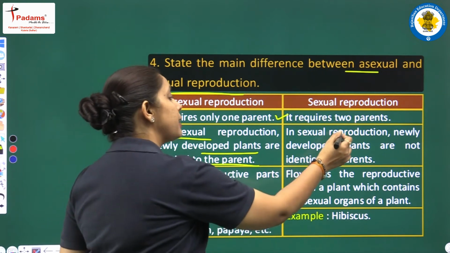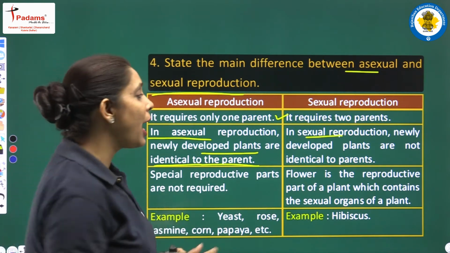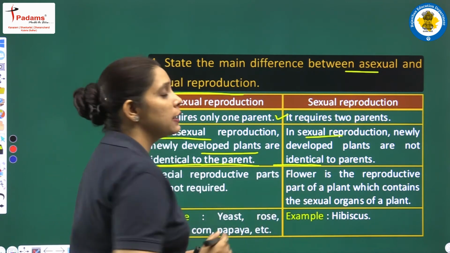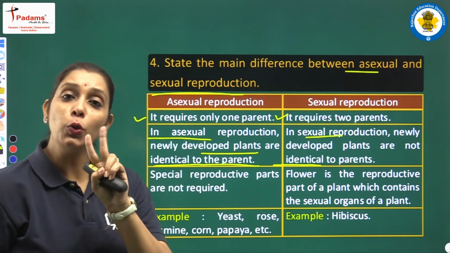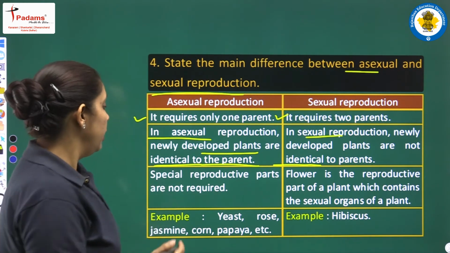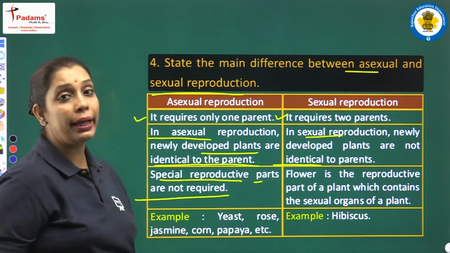Here in sexual reproduction newly developed plants are not identical to parents because they are formed by the fusion of 2 parents. Fine. Here special reproductive parts are not required.